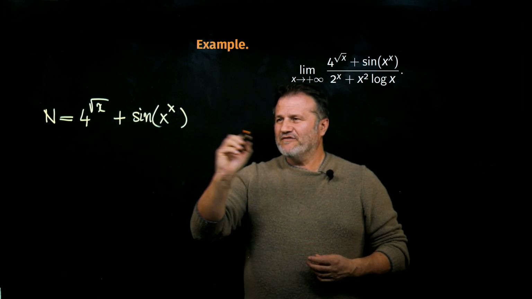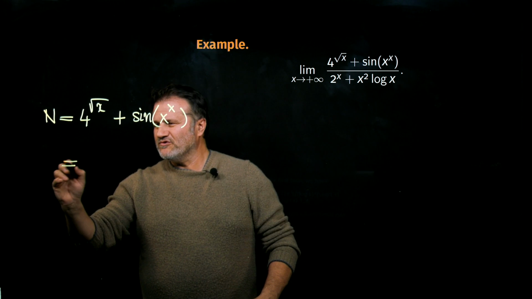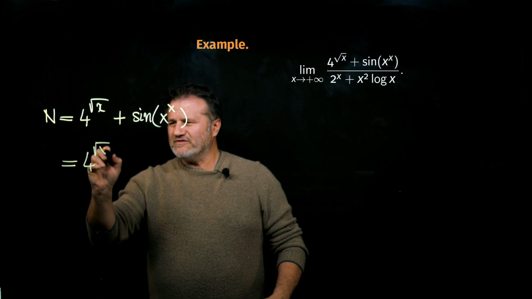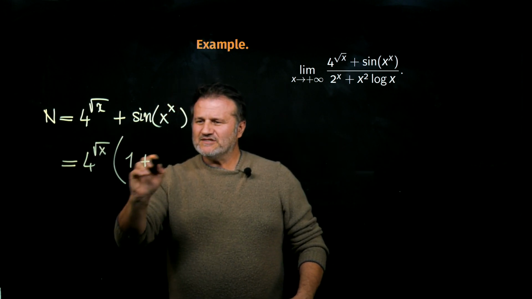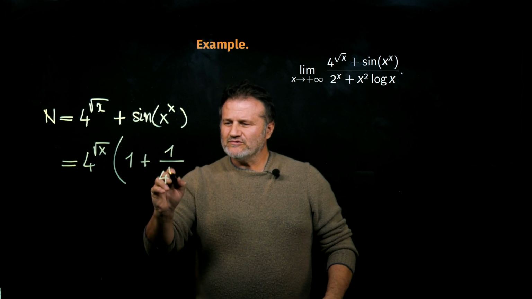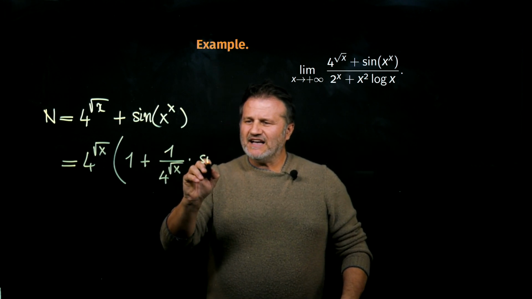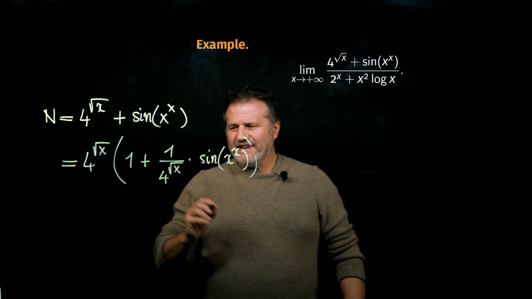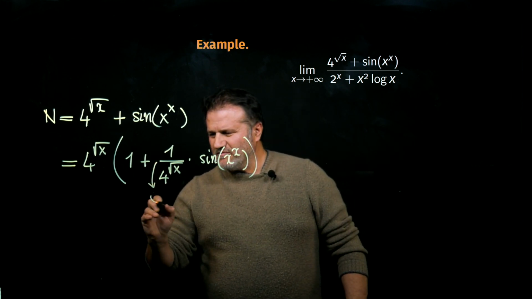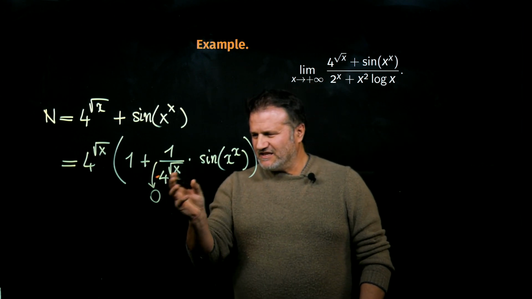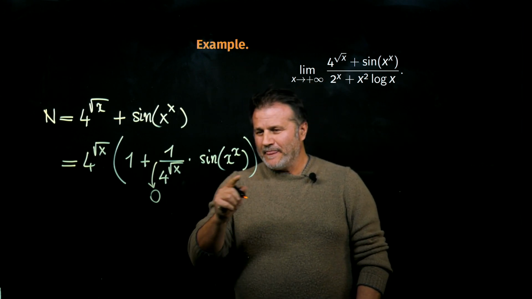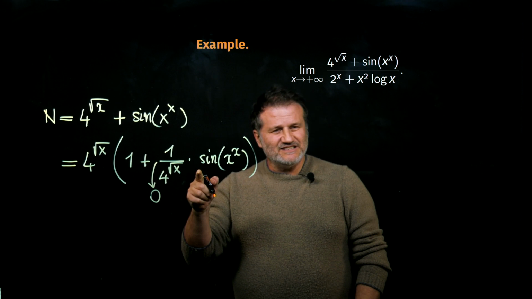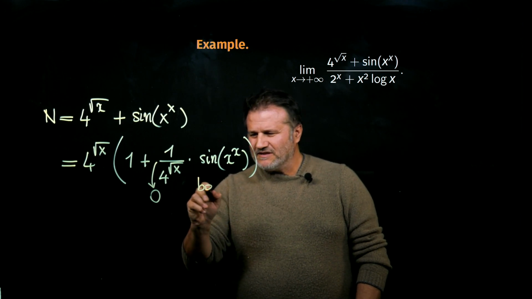In fact, if we factorize that 4 to root of x, we get 4 to root of x times 1 plus 1 over 4 to root of x times sine of x to the x. Now, we can notice that this goes to 0 because, as we said, this exponential goes to plus infinity. And despite this has not a limit, this is bounded.